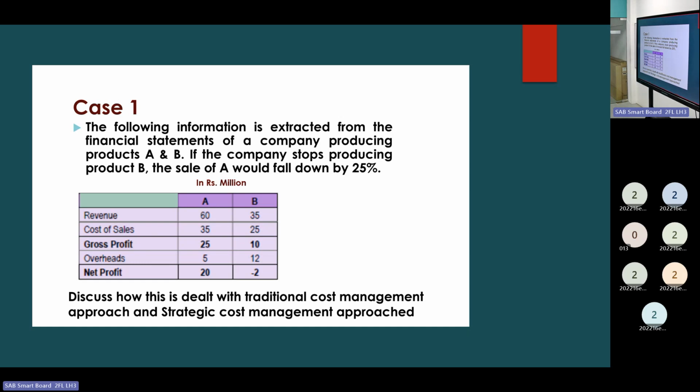Again, sales and the cost of sales proportionately vary. 35 into 26.25 minus 45, 18.25. Profit again 18, again 6.25 loss, right?